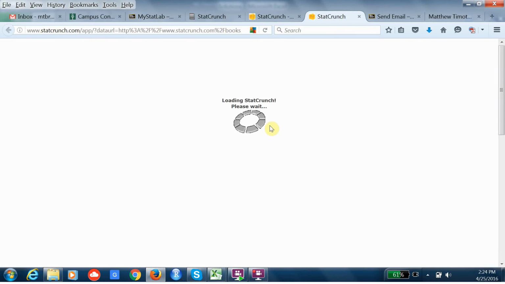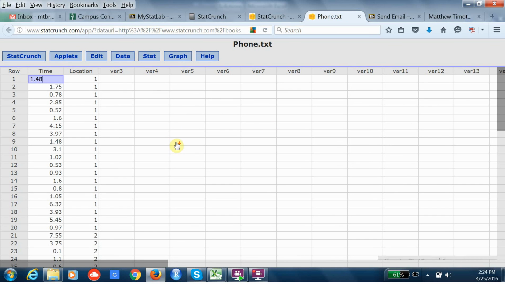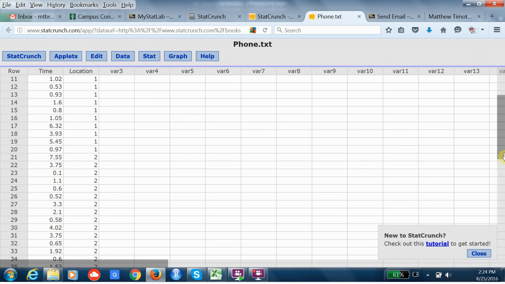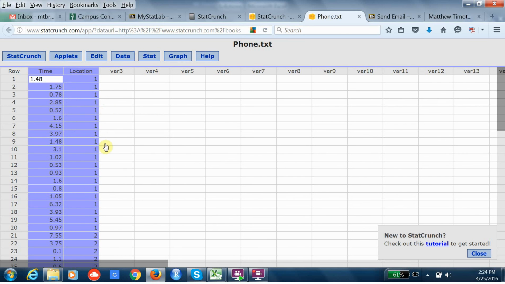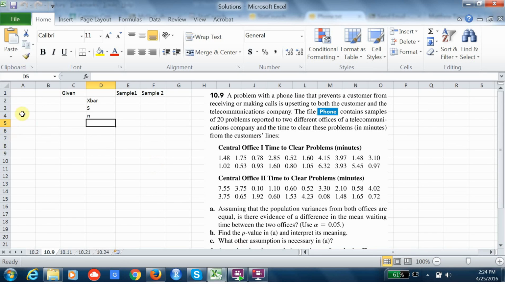Now it's going to cut and paste it into Excel. We should have 20 data values, and, oh, that's because they're listed between the different companies. So I'm going to select them all and cut them, and then I'm going to go over here.